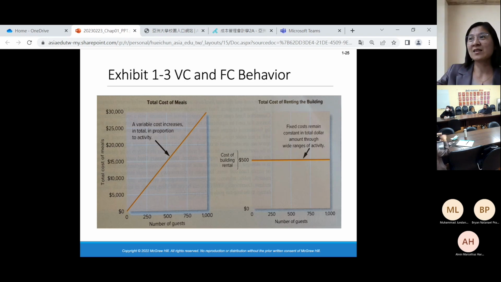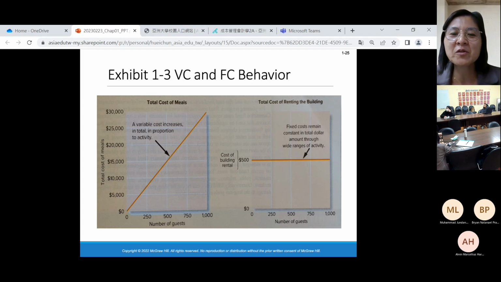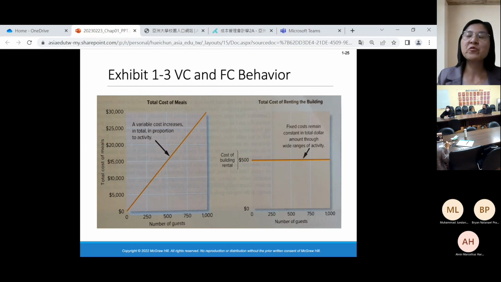So what does that say? Fixed cost remains constant in total dollar amount through wide ranges of activity. So from 0 to 1,000 items it remains the same. But variable cost will change as production, or the items you use, increase.